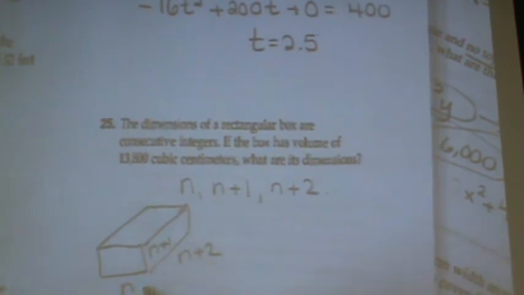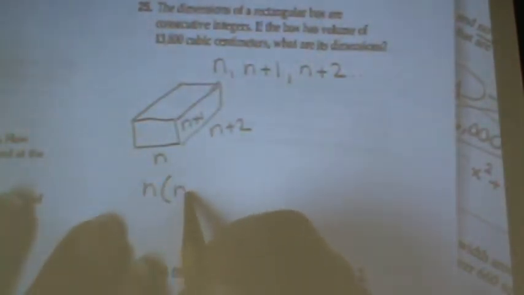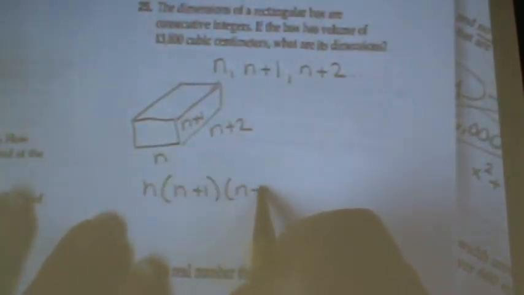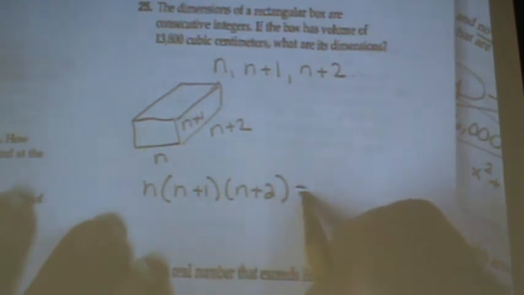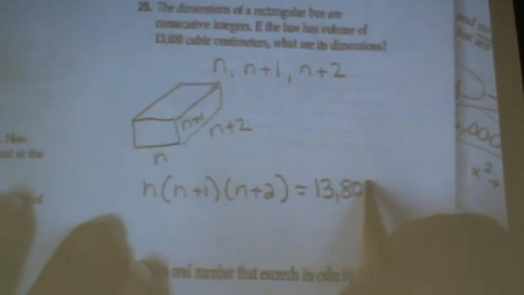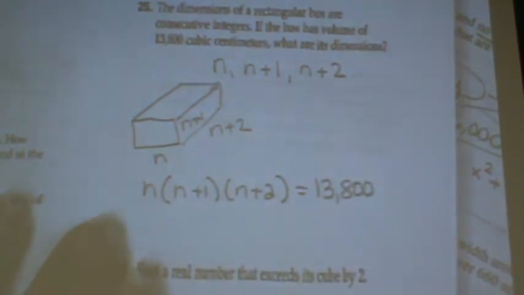Volume is length times width times height. We're saying that the volume is 13,800. So you're going to do n times n plus 1 times n plus 2, and set this equal to 13,800. So let's do that.